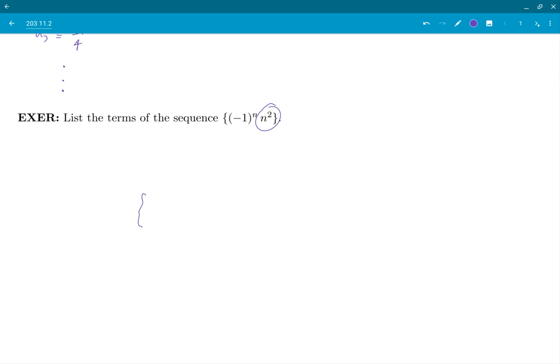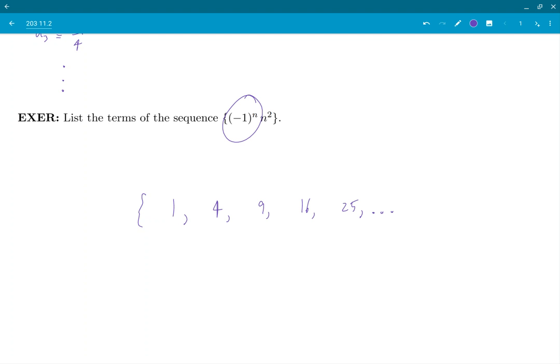I would separate them. Maybe focus on the n squared first. So I get 1, and then 2 squared is, what is 2 squared? 4, right? And 9, and 16, and 25. Dot, dot, dot. Okay, that's the n squared term taken care of.